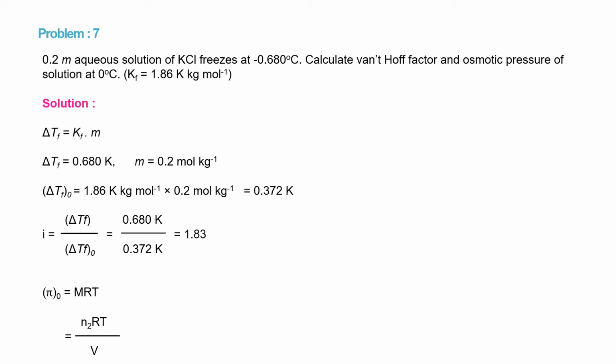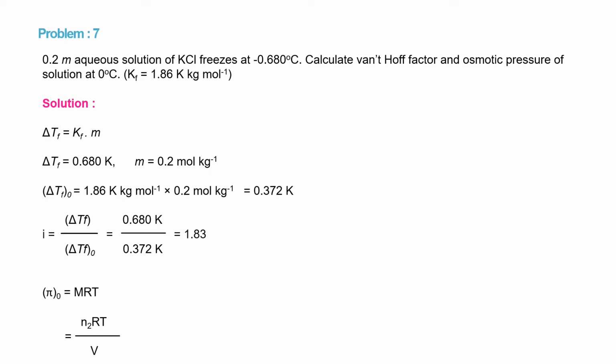Now see, in this case your solution freezes at minus 0.680 degrees Celsius and your pure solvent freezes at 0 degrees Celsius. So when you do 0 minus of minus 0.680 degrees Celsius, that is nothing but 0.680, and your delta Tf is always in Kelvin terms.